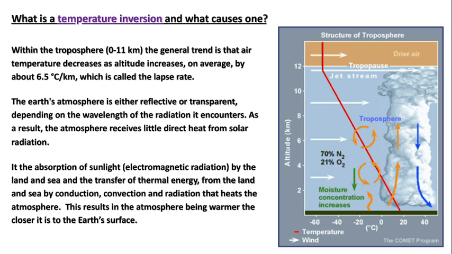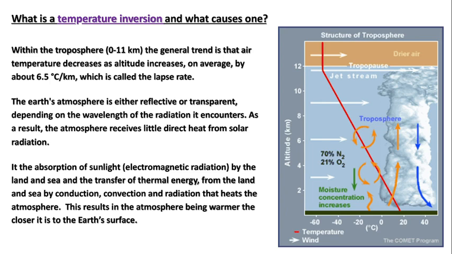What is a temperature inversion and what causes one? Within the troposphere, 0 to 11 kilometers, the general trend is that air temperature decreases as altitude increases, on average by about 6.5 degrees Celsius per kilometer, which is called the lapse rate. The Earth's atmosphere is either reflective or transparent, depending on the wavelength of the radiation it encounters.